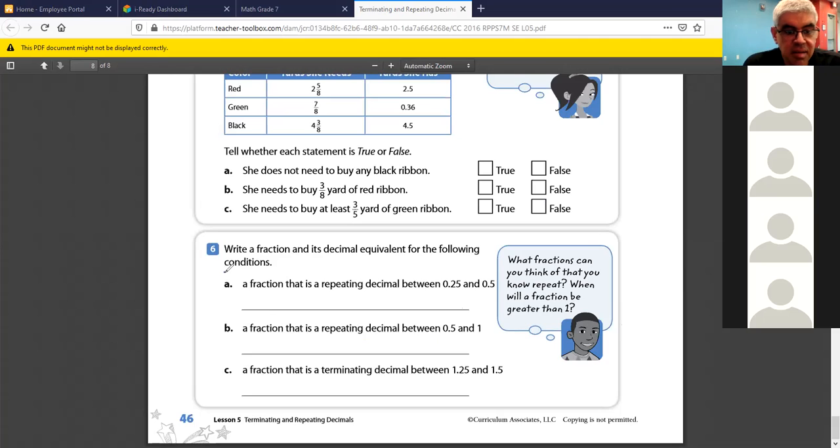We already did it. A fraction that is a repeating decimal between 0.25 and 0.5. It's on the table. Which fraction is that? Look at the fraction table and tell me which one is close to 33 cents.